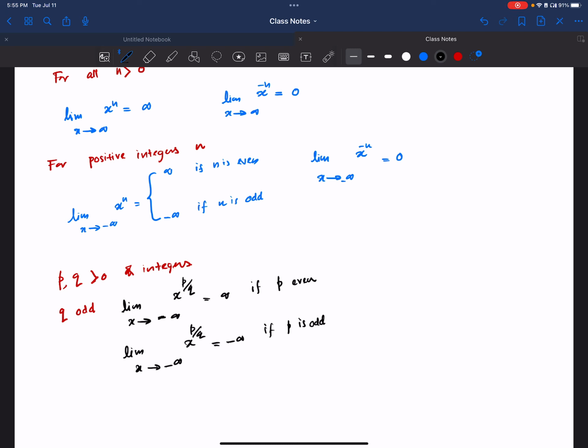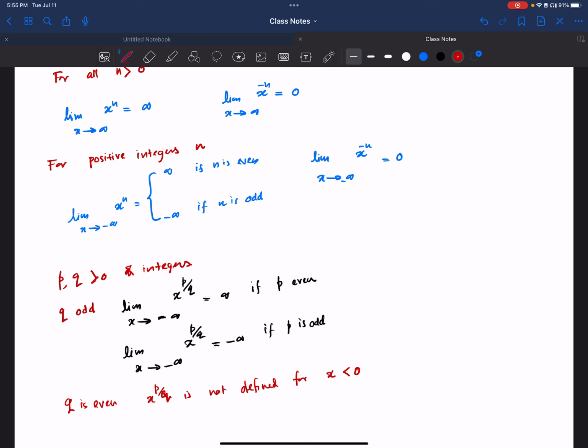What if q is even? When q is even, x to the power p over q is not defined for x values less than 0.